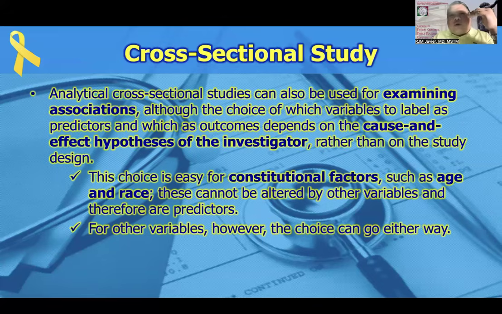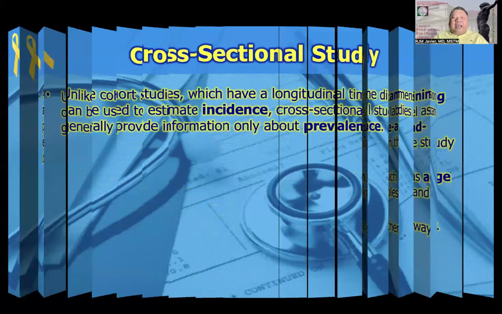It's hard to argue which came first, but based on the hypothesis of the investigator as what he or she would ascertain as the exposure variable and what would be the outcome variable, then that would be acceptable provided it is compatible with existing knowledge or it adheres with current level of understanding of things.